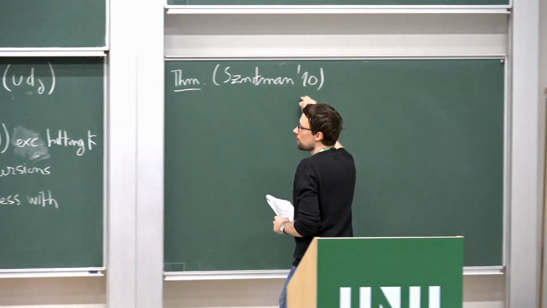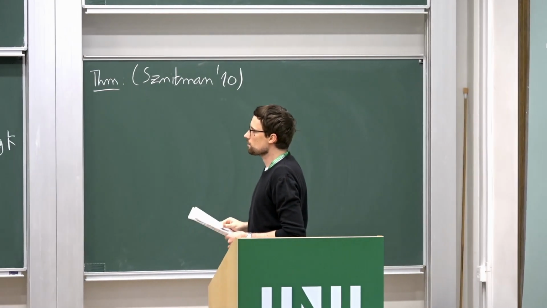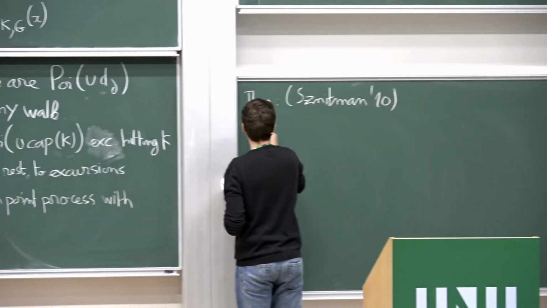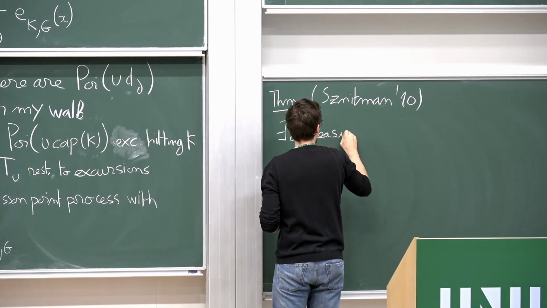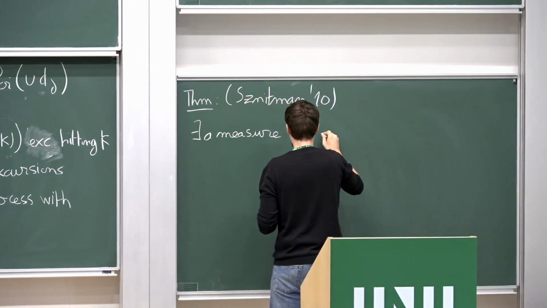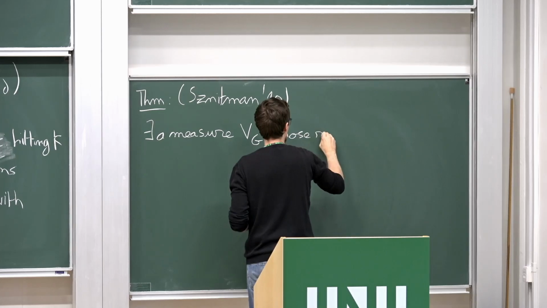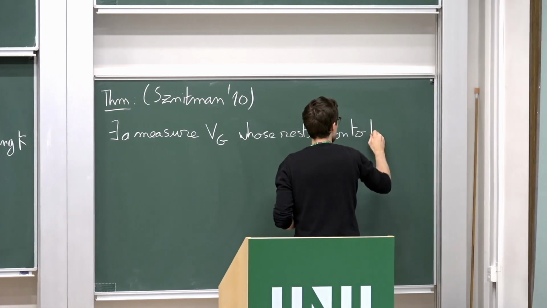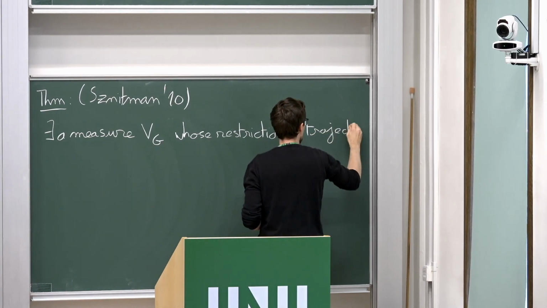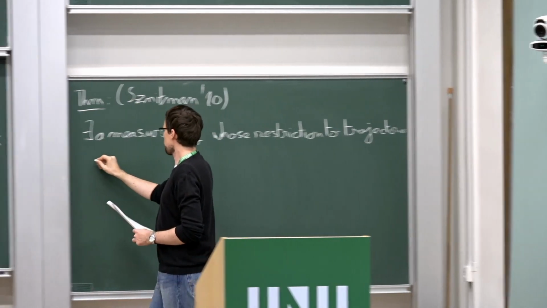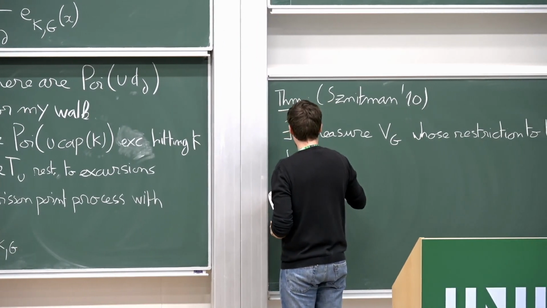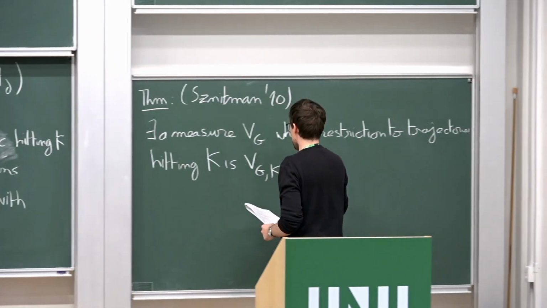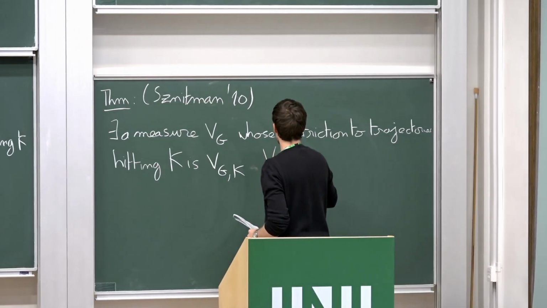The construction that I presented here is also due to Sznitman, but later, in 2012, which says that there exists a measure nu G, whose restriction to trajectories hitting K is exactly my measure nu GK from above for any K finite.